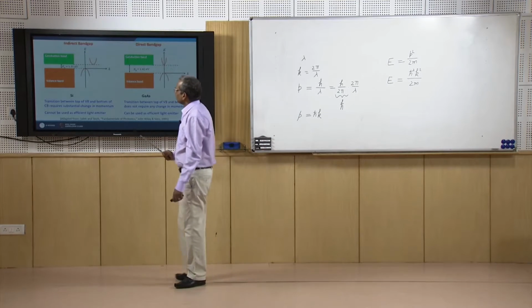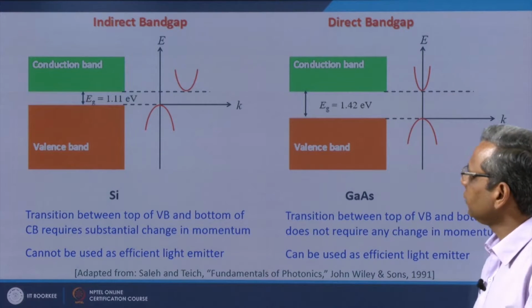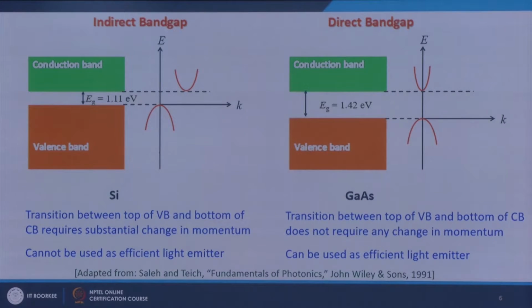Now, depending upon how the E-k diagrams of a semiconductor look, I can have an indirect band gap semiconductor and a direct band gap semiconductor.